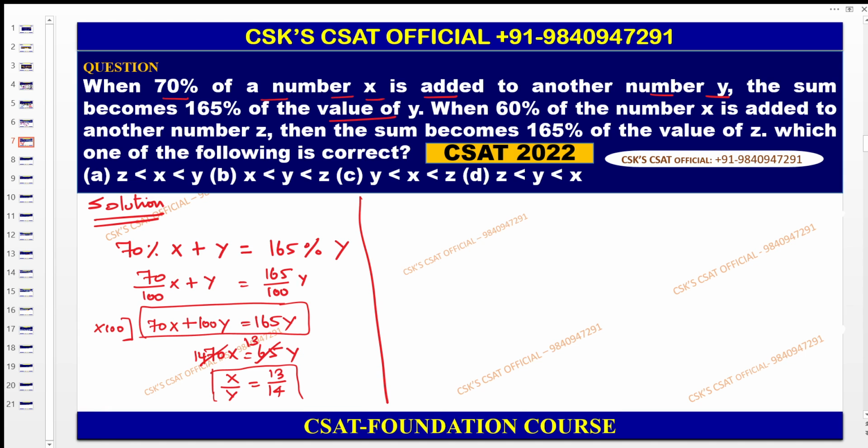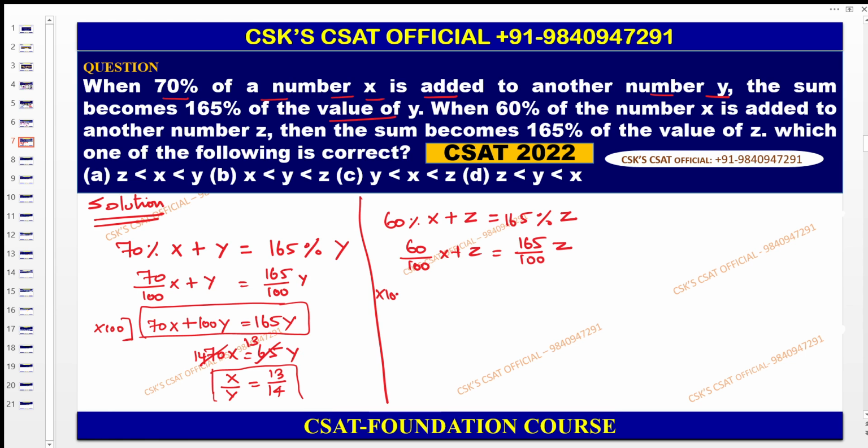Now move to the next statement here. 60% of a number x is added to the number z. The sum becomes 165% of the value z. Now same thing. 60 by 100 x plus z is equal to 165 by 100 z.